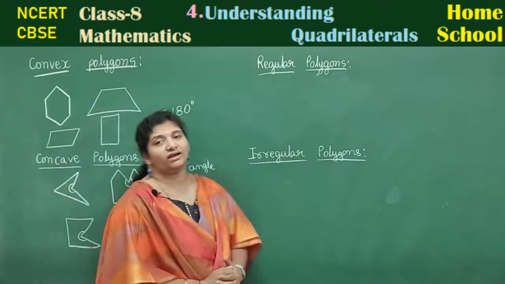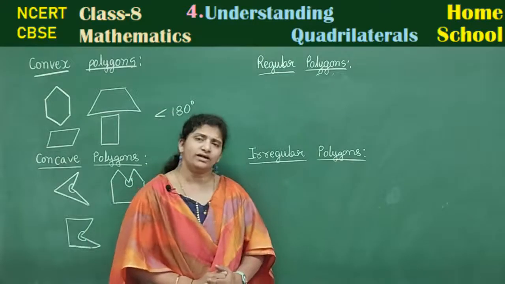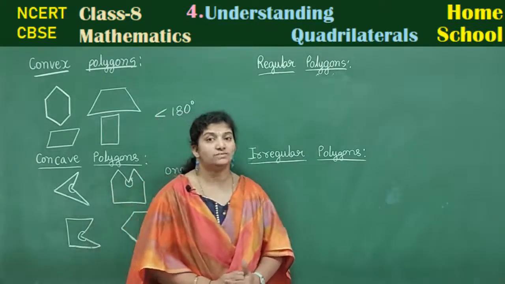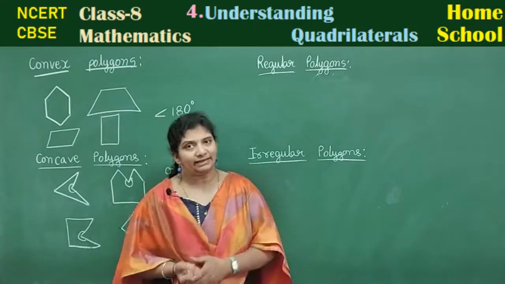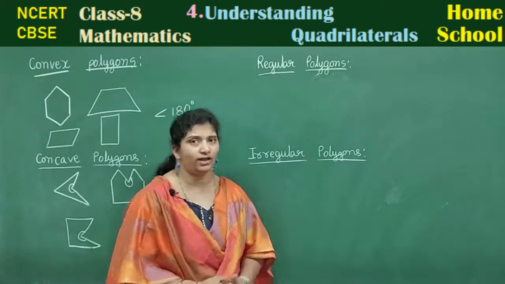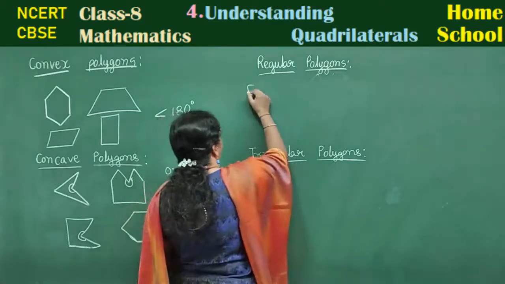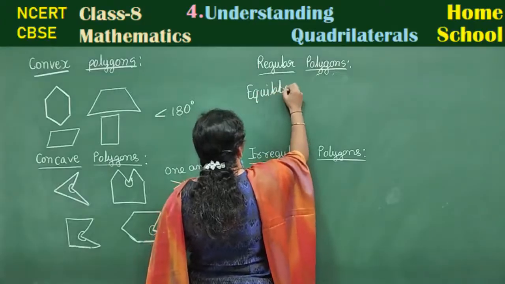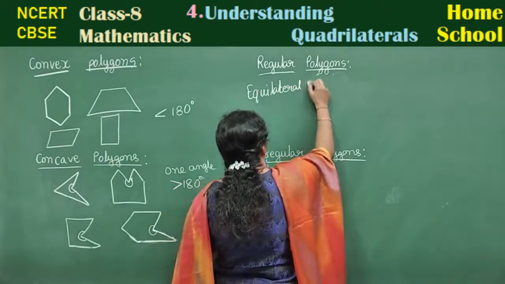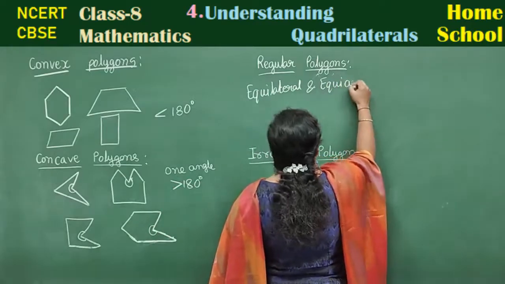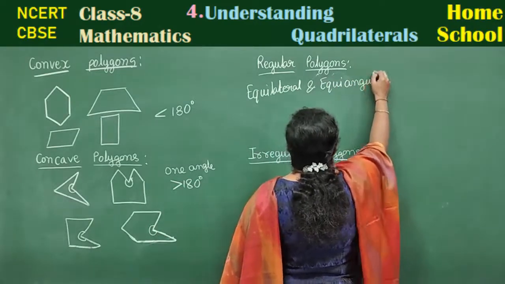Next, coming to regular polygon. What is a regular polygon? A polygon that is both equilateral and equiangular is called a regular polygon.